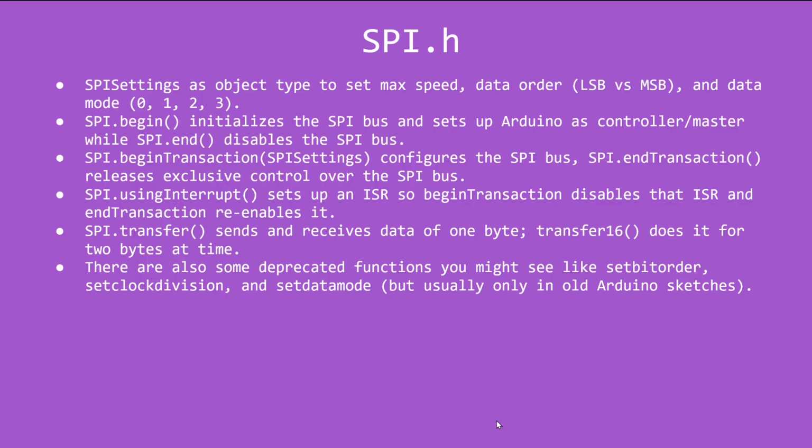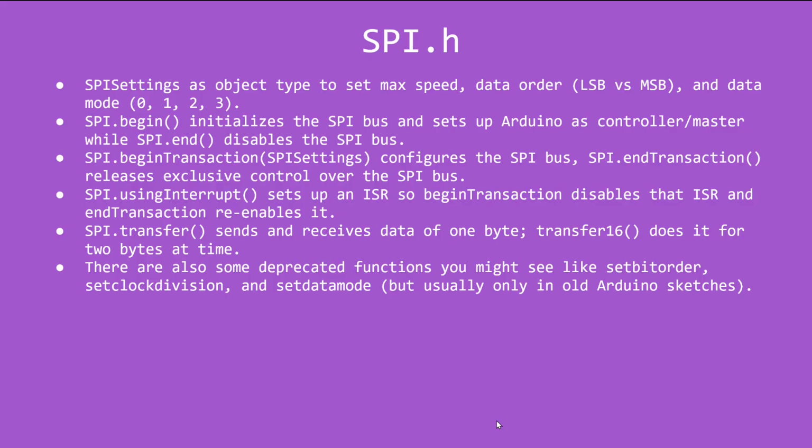Begin just initializes the bus and sets up the Arduino as a controller, master in, disabled, pretty simple. Begin transaction sets up the bus, configures it. This is not the same as initializing it, and then you can end transaction. Basically, the transaction puts the Arduino in exclusive control over the bus, and then if you need to, you can end it.